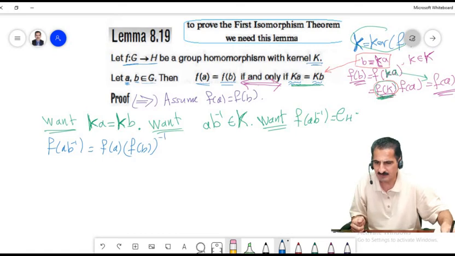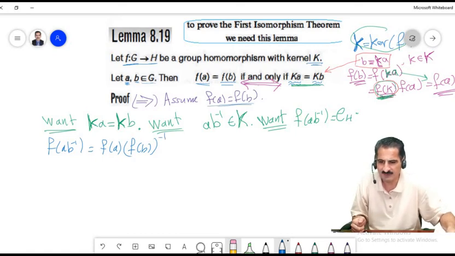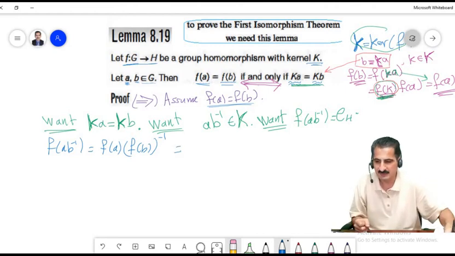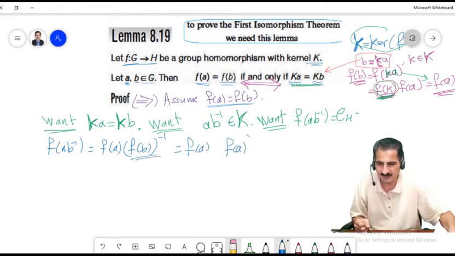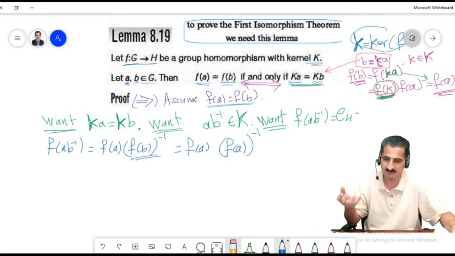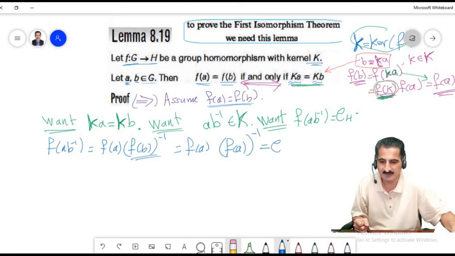But we have f of a equals f of b, so I will replace that by f of a. So f of a times the inverse of f of a equals the identity, and then we are done. Let's prove the other part.